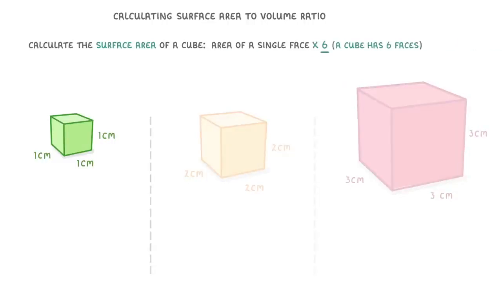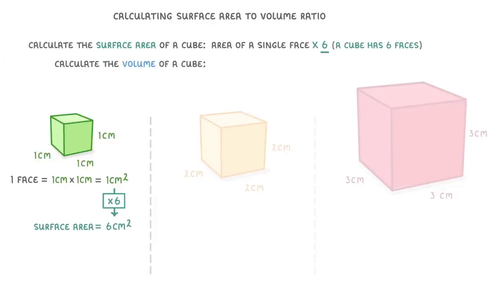So for this small 1 by 1 by 1 cube, we get the area of one face by doing 1 centimeter times 1 centimeter, which is just 1 square centimeter. And then we multiply it by 6 to get a total surface area of 6 square centimeters. Then to calculate the volume of a cube, we just multiply the length, width, and height together.